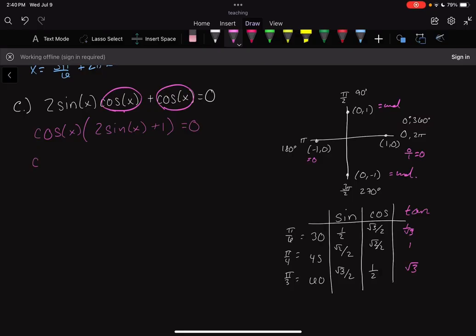Now I can split into two different equations. And for this one, I'll go ahead and do it in degrees, just to show you that. I find that students usually do prefer degrees, so I don't mind. Either one is fine.